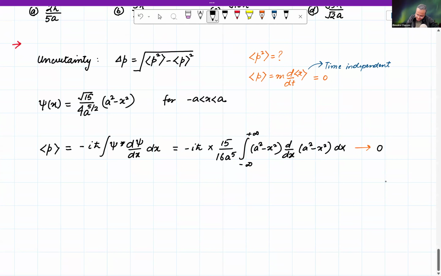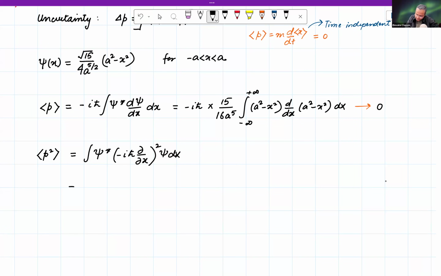Okay. Now the second term is a little bit interesting because this is not going to go to zero. So this is simply going to be equal to integration of psi star times minus iota h cross del upon del x twice, psi dx, है ना? ये जो एक्सप्रेशन है थोड़ा सा ही कॉम्प्लिकेटेड हो सकता है.